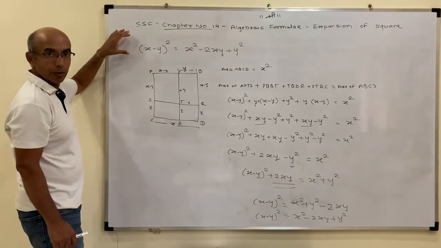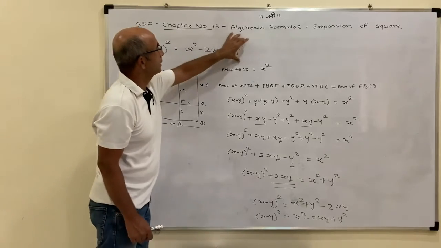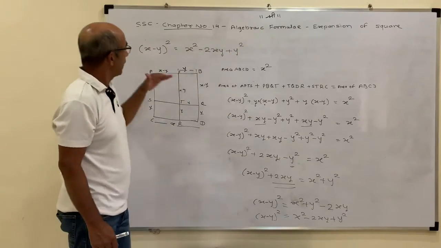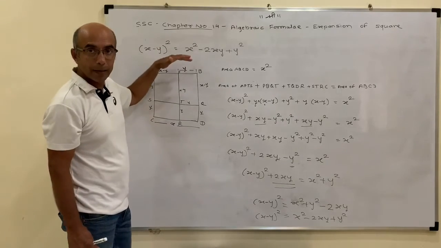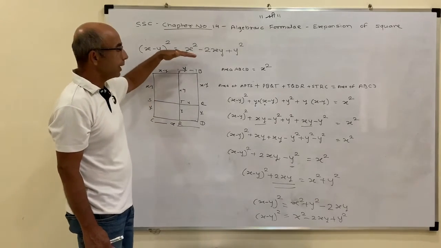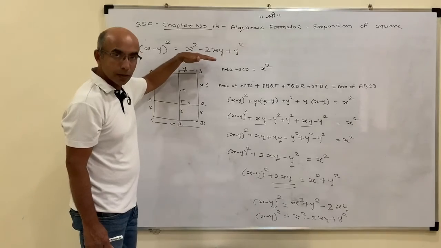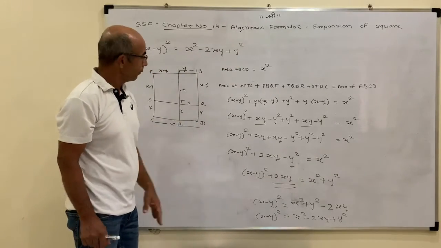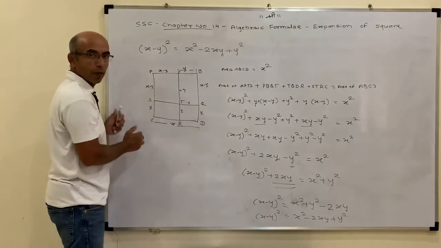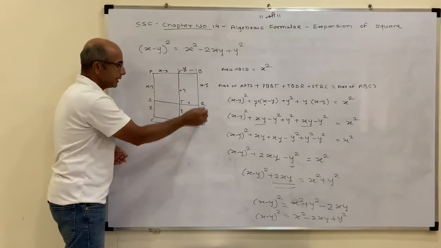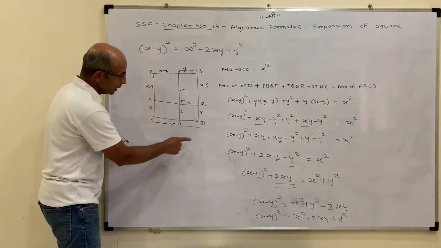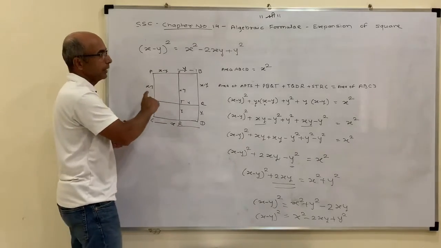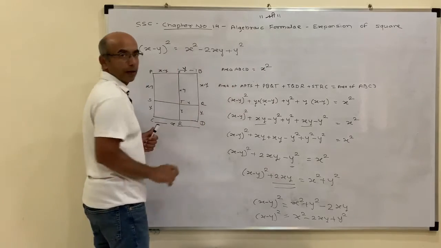So now you have learned how this formula comes, which I have explained here. X minus Y bracket square equals X square minus 2XY plus Y square. How do we prove it? We considered this square ABCD, side is X, so the area of ABCD is nothing but X square.